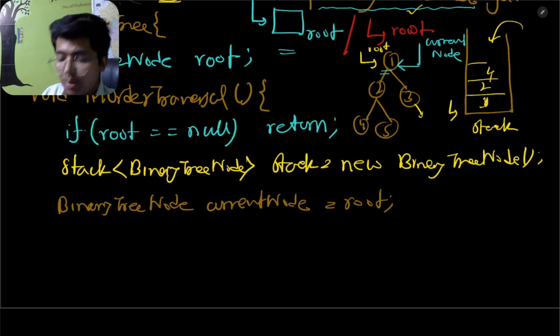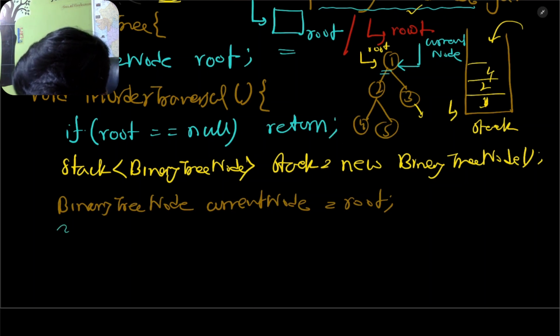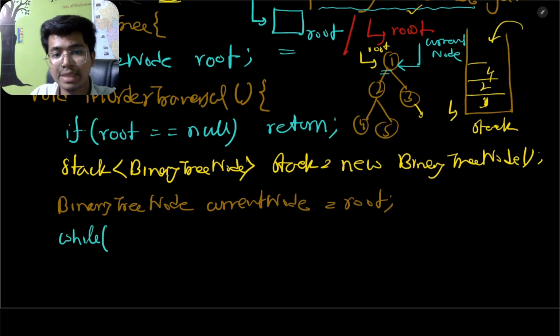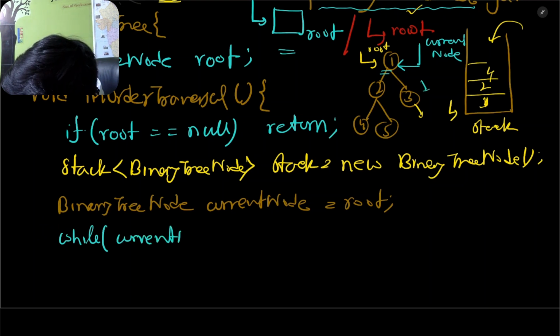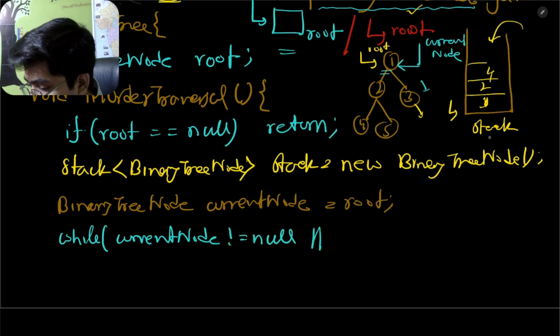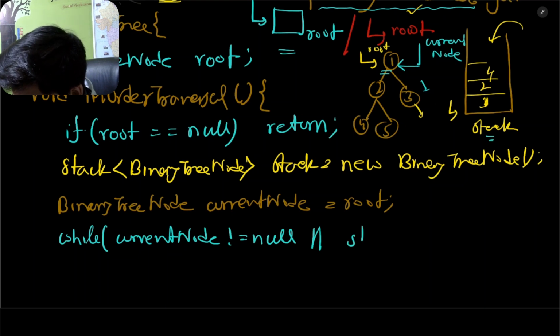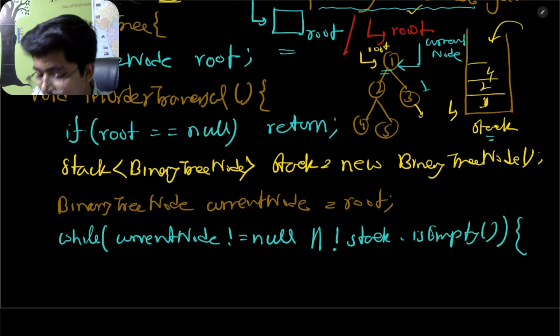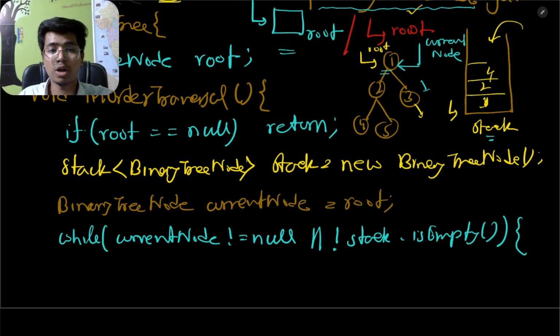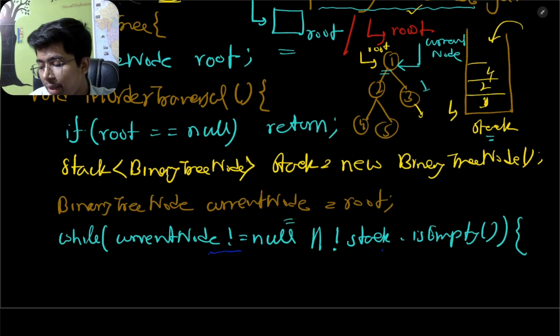So we write those two conditions: while current node is not equal to null, that means current node is pointing to something, or the stack is not empty. Till then we'll be running our program.